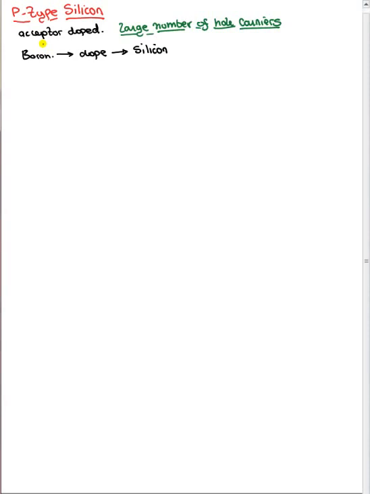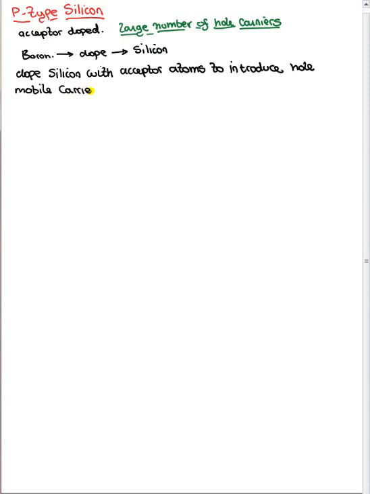So what that means is that we can dope silicon with acceptor atoms to introduce what I call hole carriers, or you can also say hole mobile carriers. These are positively charged.